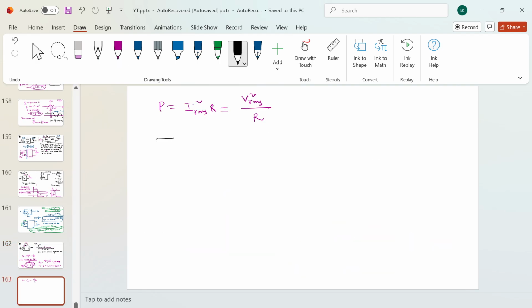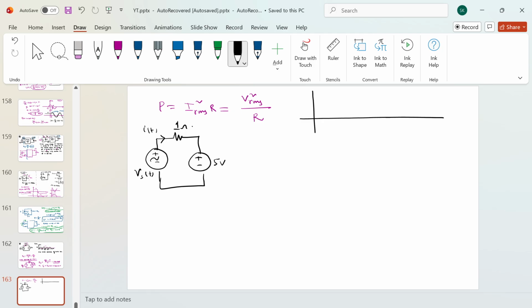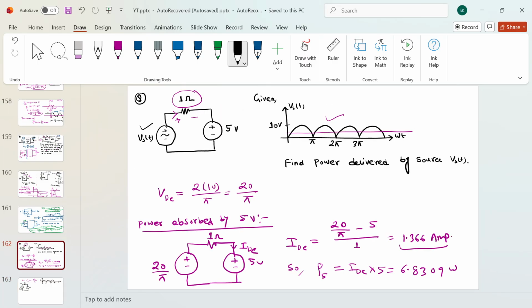Let me draw the circuit again: 5 volt, 1 ohm, Vs(t), i(t).